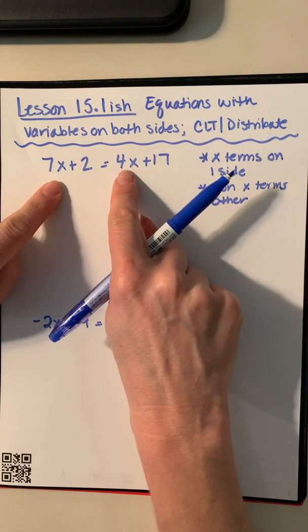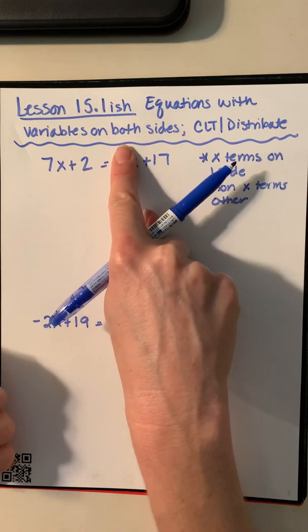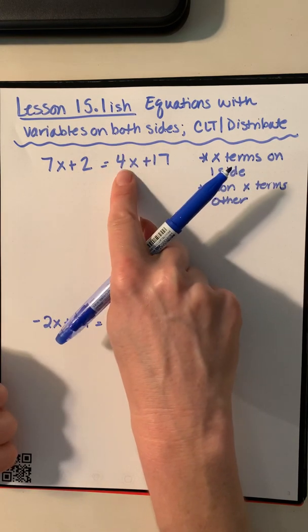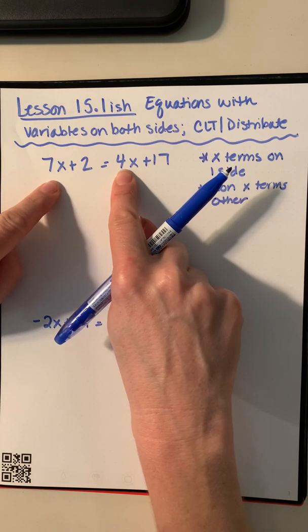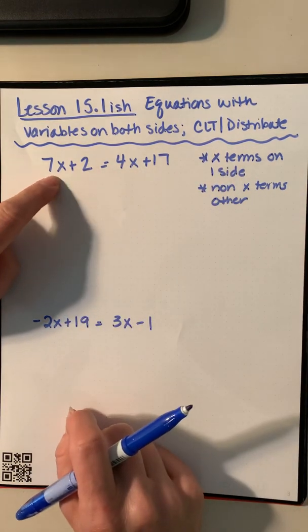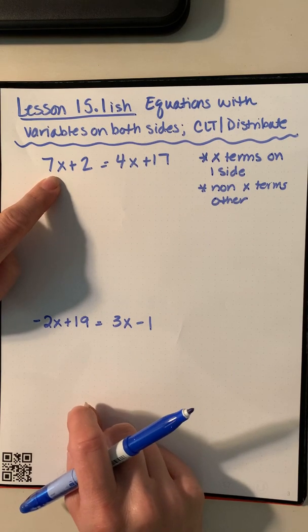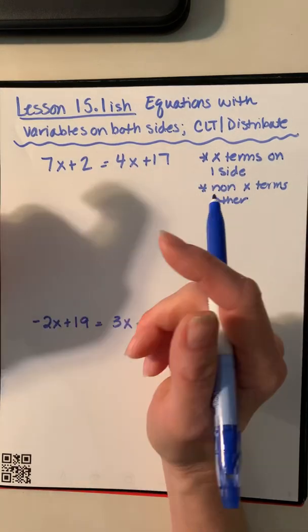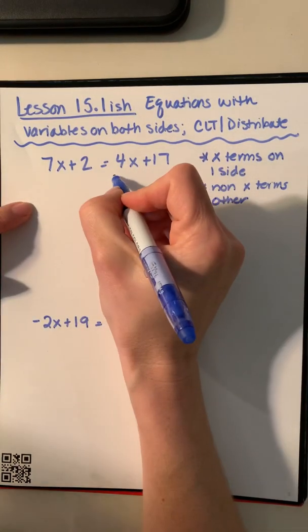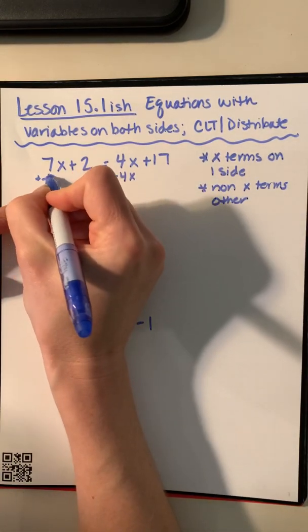If I add a negative 4x to this side, that will wipe this out. And if I add a negative 4x to this side, then I've got to do the same thing over here. Now you might be wondering, well, why didn't I add a negative 7x to both sides? I can. It's just that if possible, I want to combine these x's so that my result is a positive number.